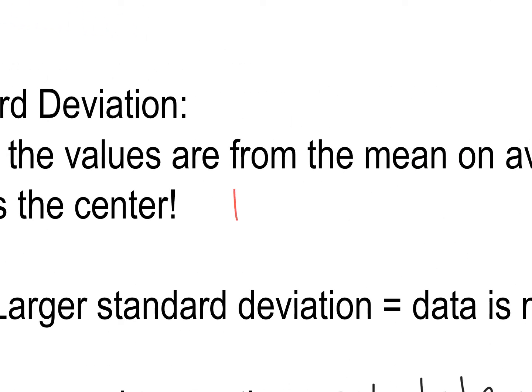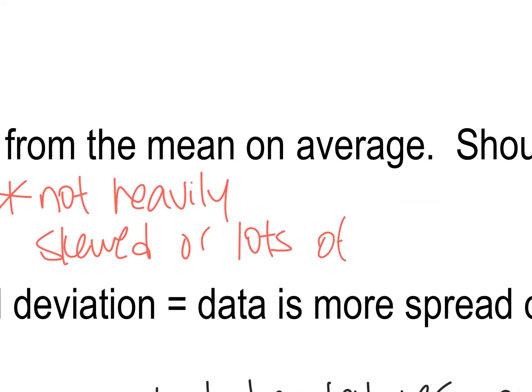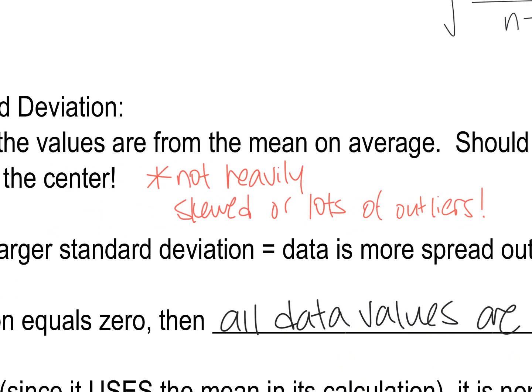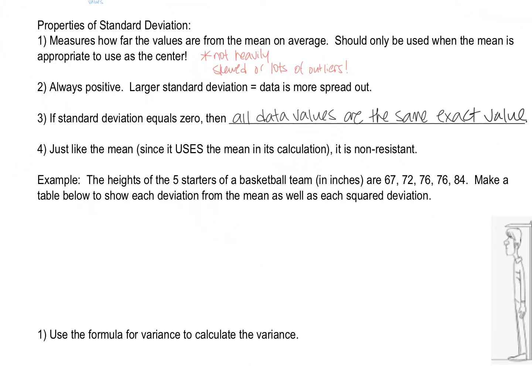So not if something is heavily skewed or has lots of outliers. In that case, our standard deviation is not going to be very useful to us because it's going to be thrown off by those outliers or the skew. And so that's what I mean, it should only be used when the mean is appropriate to use as the center.